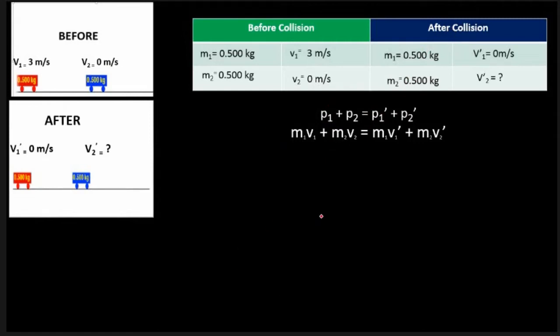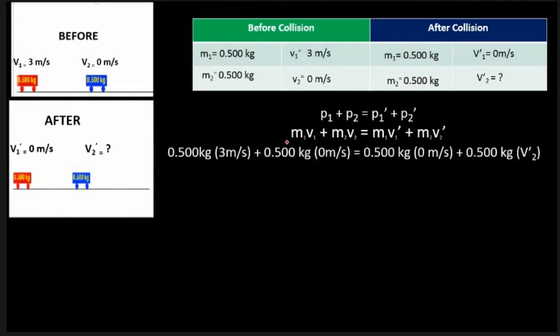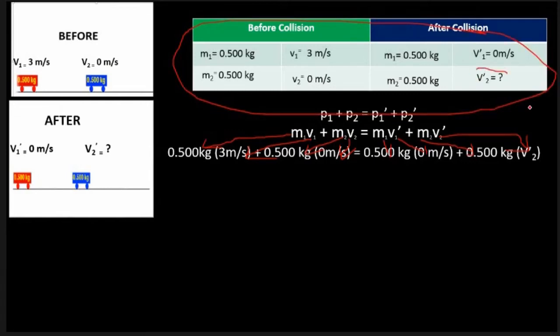So it's pure substitution. We have this for m1 and this for m2 and v2. That is why it is so important that you know your givens and what's being asked, because without them you cannot proceed to the next step.